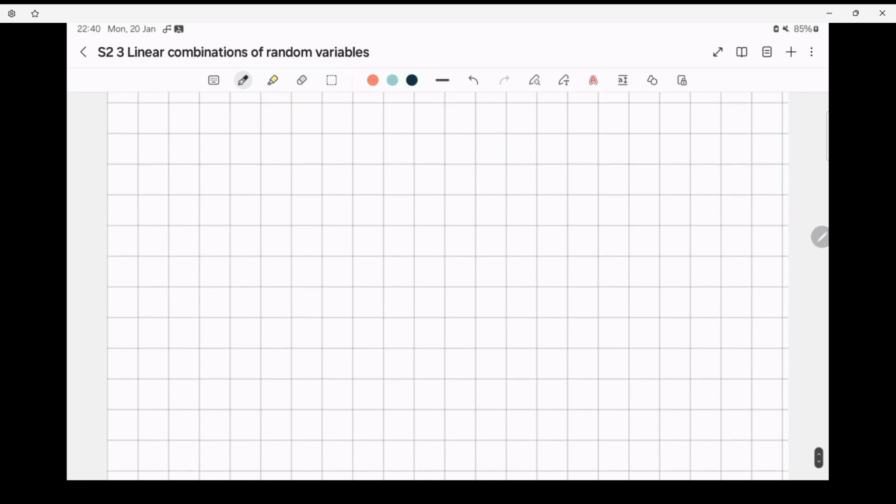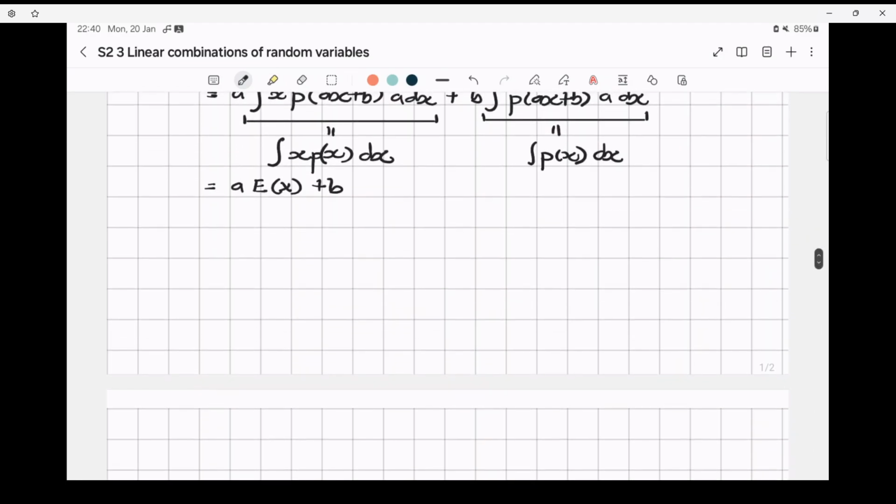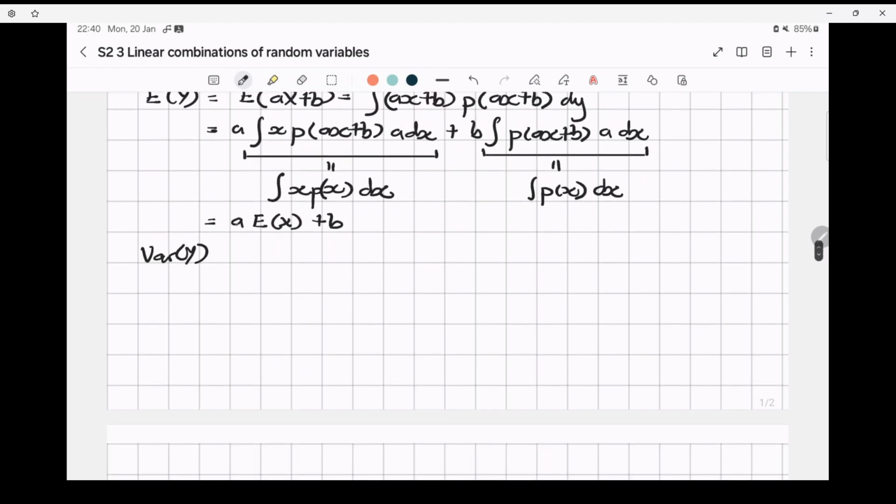So now let's look at the variance. It is more or less the same thing. Variance of y would be equals to the variance of ax plus b.